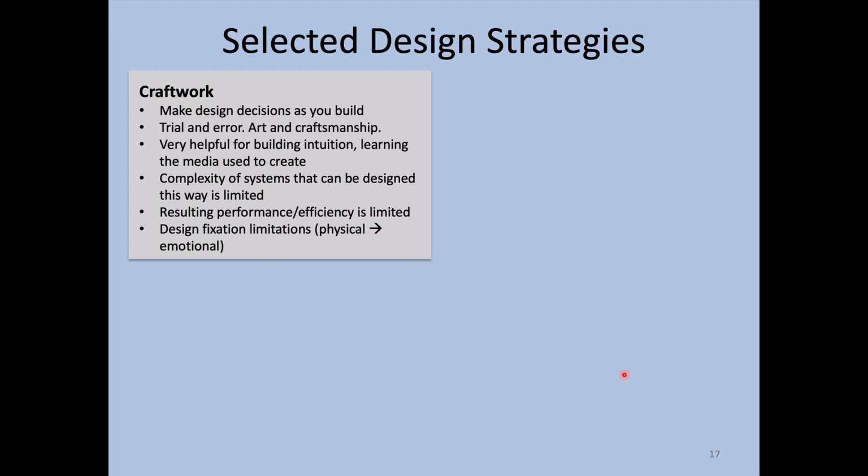So even if you're an engineer who is designing incredibly sophisticated systems, it still is valuable to have some hands-on experience and learn more about what I call the media that you are using to create. So sort of like, say, a sculptor or a painter. They need to understand how clay behaves, or how different types of paint behave, or how to mix colors.